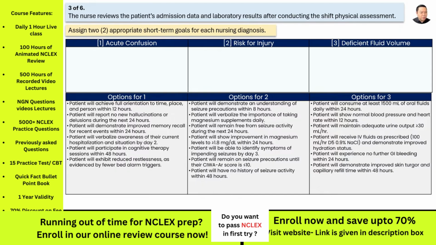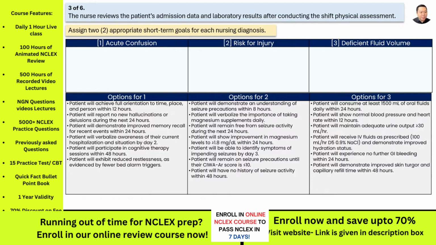Patient will achieve full orientation to time, place, and person within 12 hours. Patient will report no new hallucinations or delusions during the next 24 hours. Patient will demonstrate improved memory recall for recent events within 24 hours. Patient will verbalize awareness of their current hospitalization and situation by day 2.